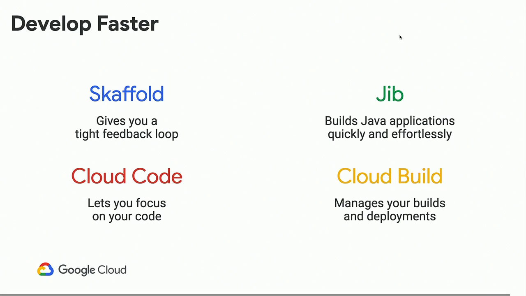And we've seen Jib. Jib is one of the tools you can use to build your Docker images quicker and more easily, because you don't have to learn the Dockerfile syntax, you don't have to install Docker. It will just use your standard build tool to build Docker images.